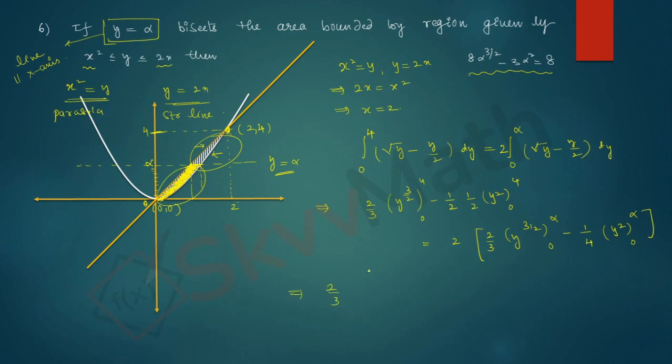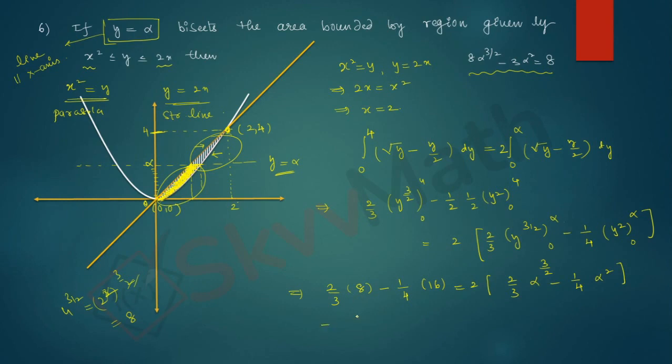So 2 by 3, if you substitute 4 here, 4 to the power of 3 by 2 is 2 square to the power of 3 by 2, which is 2 cube, 8. If you substitute 0, you get 0. So 2 by 3 into 8 minus 1 by 4 into 4 square, 16, is equal to double of 2 by 3 alpha to the power of 3 by 2 minus 1 by 4 into alpha square.